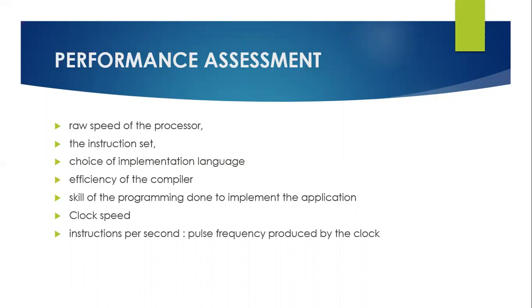Next one is the choice of implementation language. Which language you choose also affects the performance. If you are using C, C++ or Java, the compiler is different for every language, and the conversion of a high level language to machine level language takes a different amount of time for different languages.